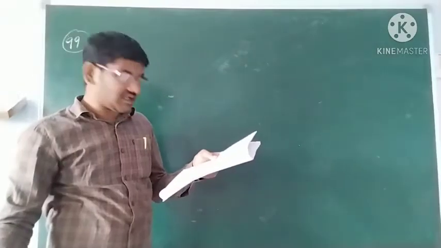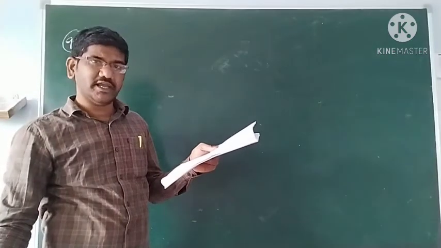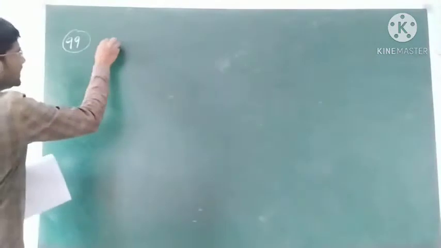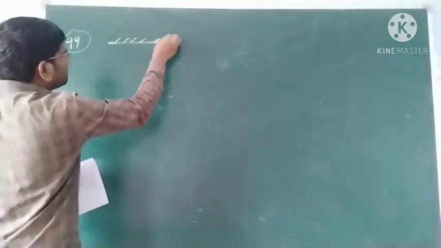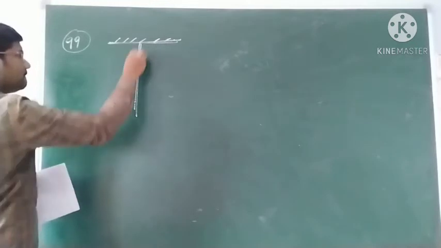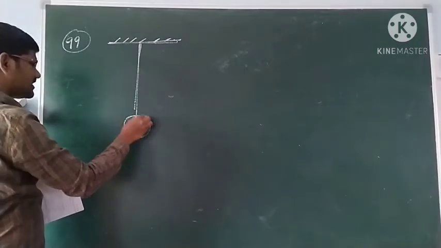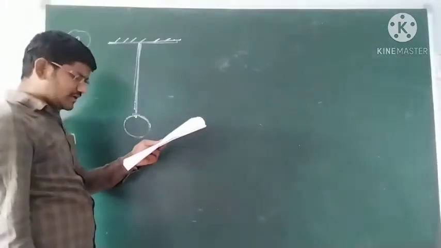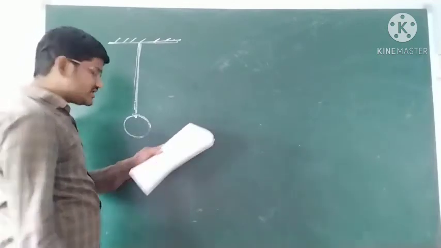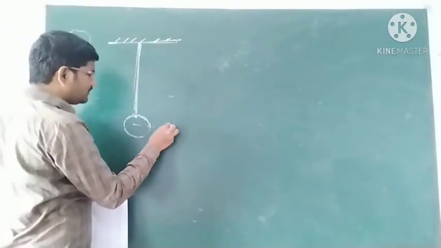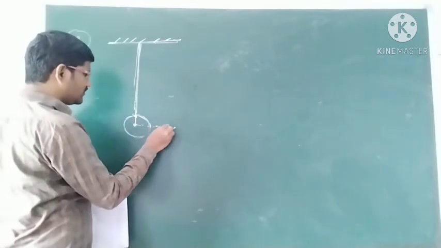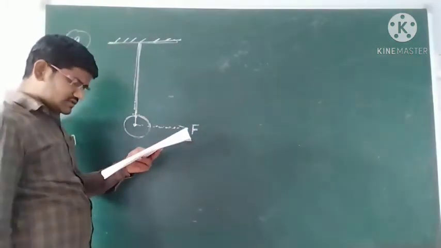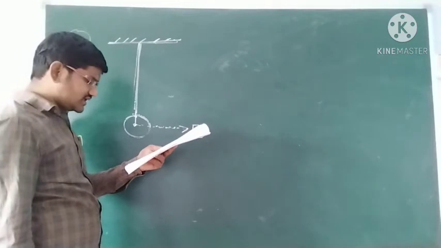See students, in problem 99, a 10 kilogram body suspended by a rope is pulled by means of a horizontal force to make 60 degrees.